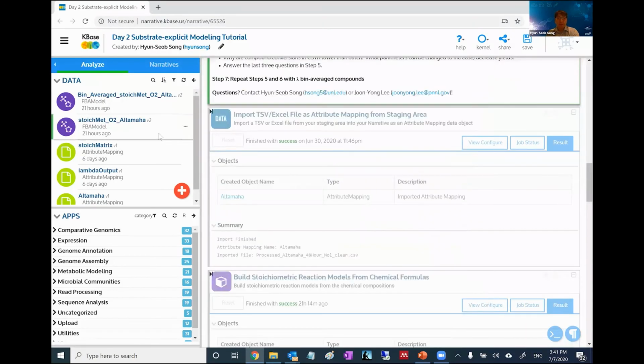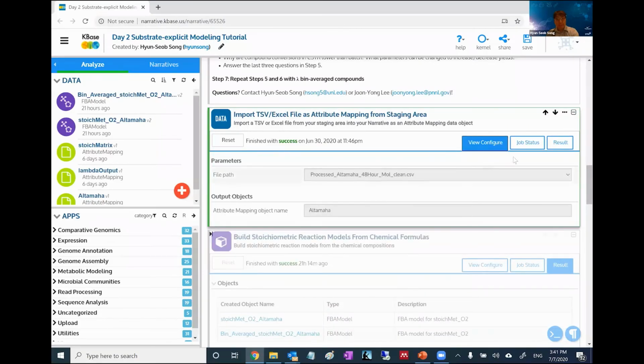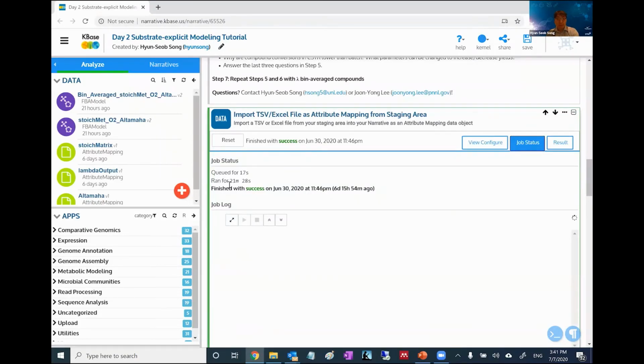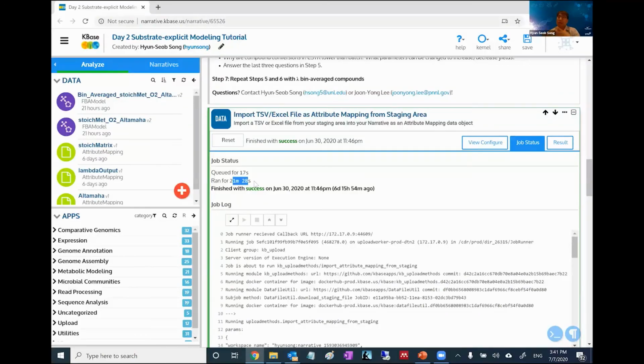After putting that in the staging area by drag and drop, I can import the data into the narrative. But if you look at the job status, it takes 21 minutes, so it takes time. Atama is particularly big metabolomics data, and I already did it myself.